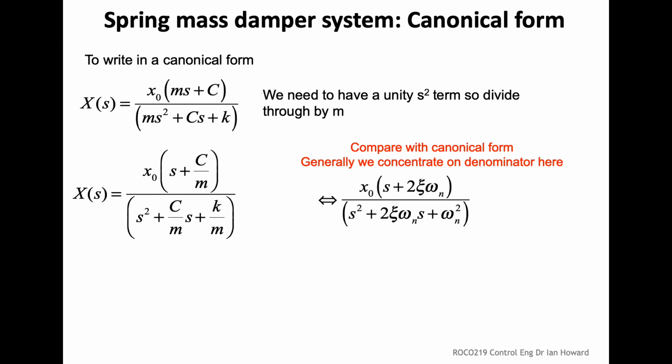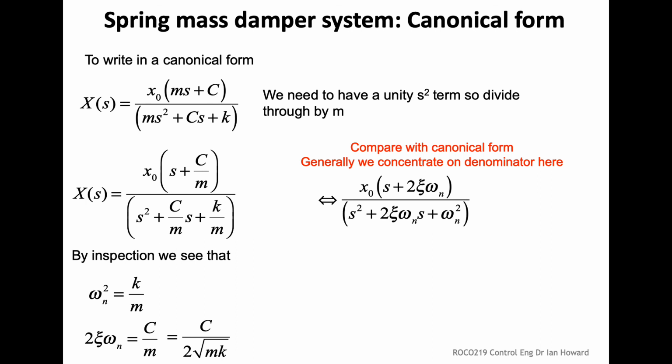And we compare with canonical form. I'm not bothered about the top bit, as it's not at all obvious how to get that, but we do care about the bottom bit. We can see a unity term there, unity term there. c divided by m has got to be equivalent to 2 zeta omega n, and k over m has got to be equivalent to omega n squared. Those are the two things, so we can then calculate.